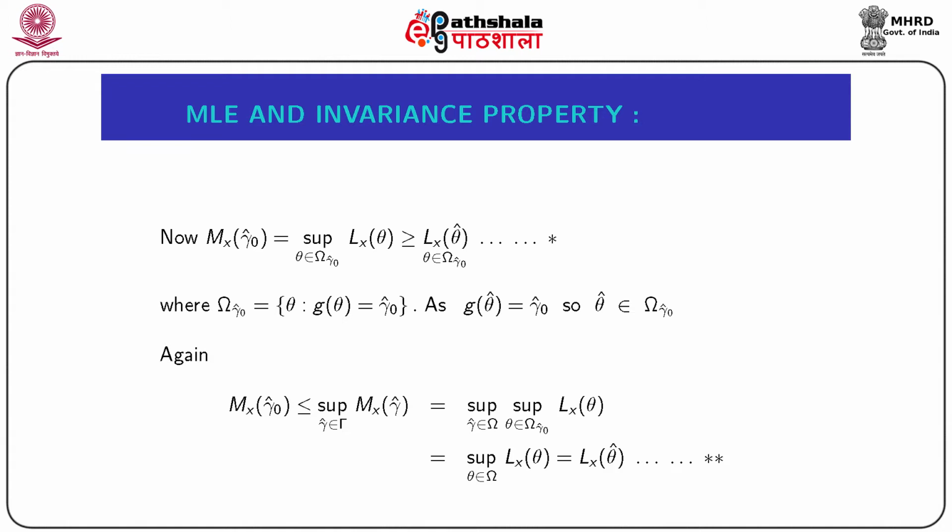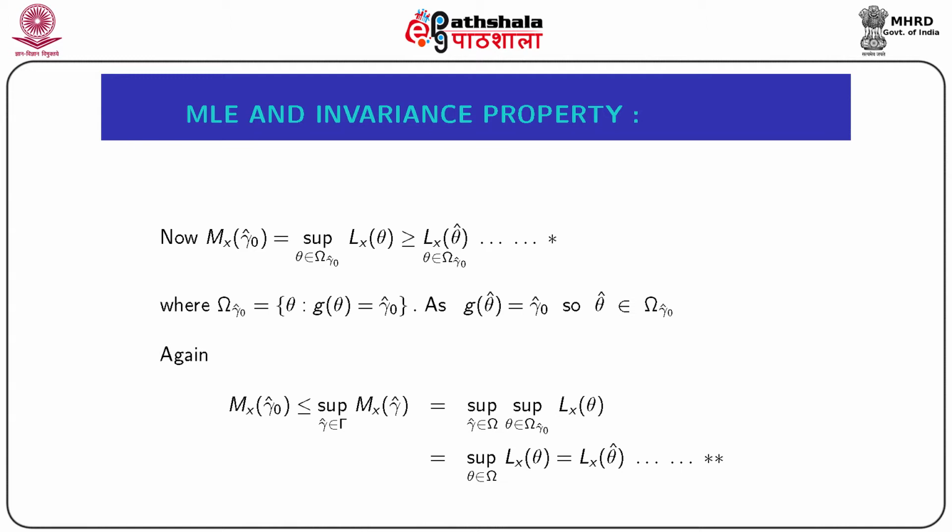Again, we consider another inequality. Here, we can also say that the function M_x at the point gamma naught hat is less than or equal to the supremum of M_x(gamma hat) for all gamma hat belonging to the set capital gamma. Now, using the formal definition of M_x(gamma hat), this is equal to the supremum over gamma hat belonging to capital gamma, again of the supremum of theta belonging to the set omega at the point gamma hat of the function L_x(theta).